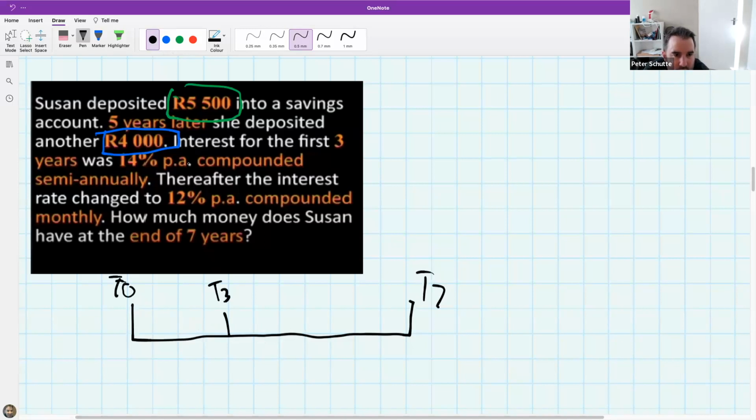T3. I think it's just T3, yeah. So it's just going to be T3. And then I want to know, what is the interest rate from the beginning to T3? And what is the interest rate for the next 4 years?